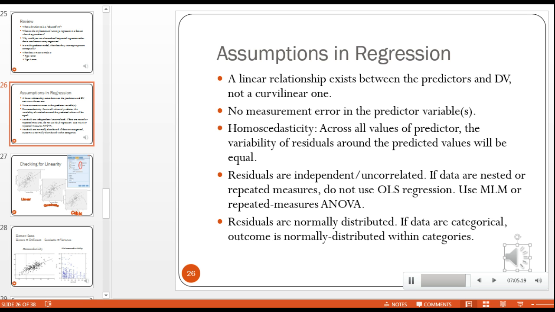And finally, residuals are normally distributed. This is another assumption of regression. If we have categorical data, such as male-female or ethnicity, or maybe classrooms in an education setting, we would want the outcome to be normally distributed within those categories. This is analogous to Levene's test for an ANOVA.